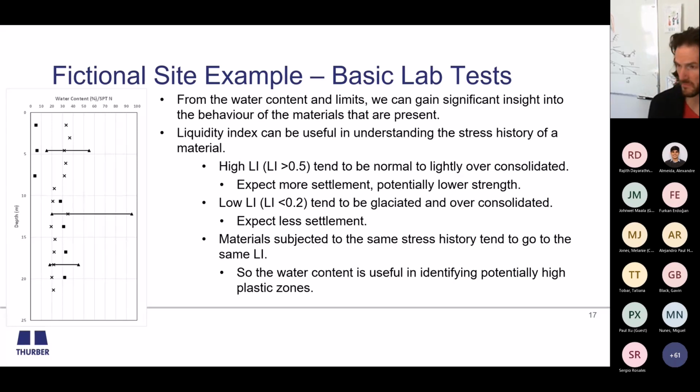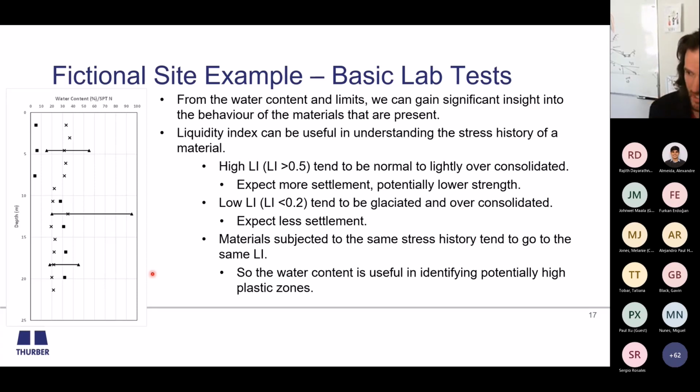My rule of thumb, high liquidity index tends to be normally to lightly over-consolidated and to expect more settlement, potentially lower strength. Low liquidity index, so kind of less than 0.2, tends to be glaciated, over-consolidated. We expect less settlement. So materials subjected to the same stress history tend to go to the same liquidity index.